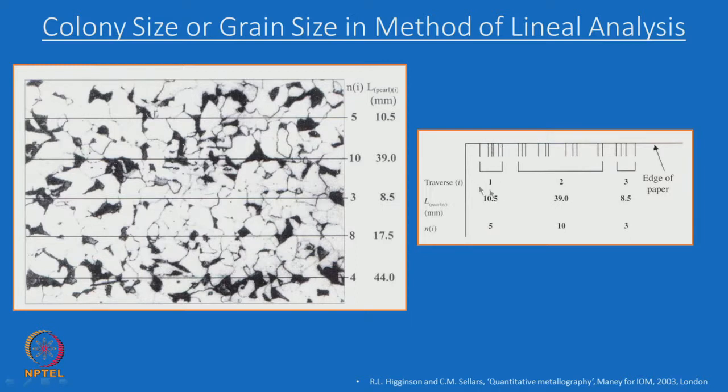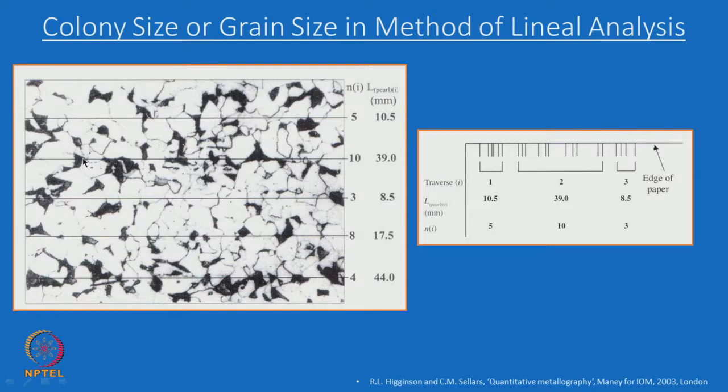Then I call it as 1. Like that I will keep on doing this for n number of measurements, and then for each traverse I will simply measure the length in millimeter or centimeter and so on, any unit, and then the number of intercepts involved.